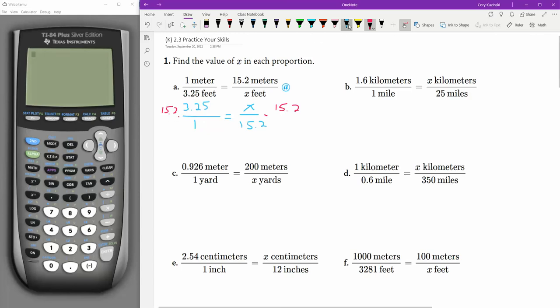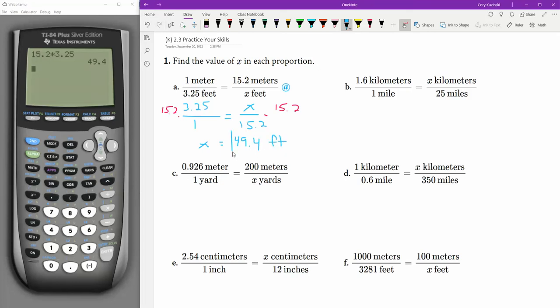So that'll give me what x is. X should be just the product of 15.2 and 3.25. 15.2 times 3.25, and we get 49.4. And I attach my measurement to that again.